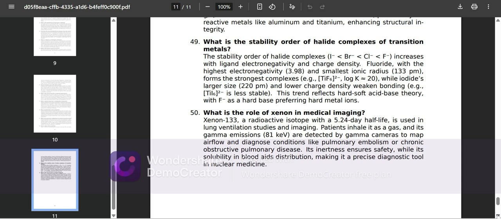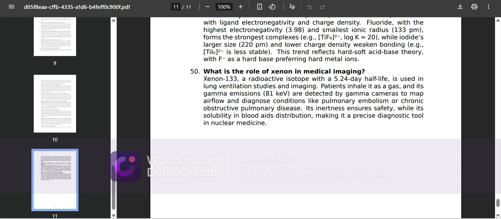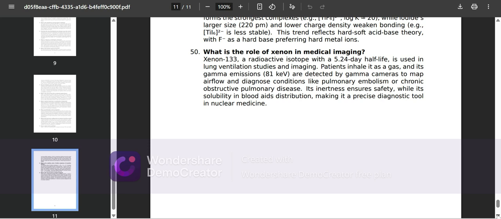Example: TiF6 2 minus, log K equals 20, while iodide's larger size, 220 pm, and lower charge density weaken bonding. Example: TiI6 2 minus is less stable. These trends reflect hard-soft acid-base theory, with F minus as a hard base, preferring hard metal ions.